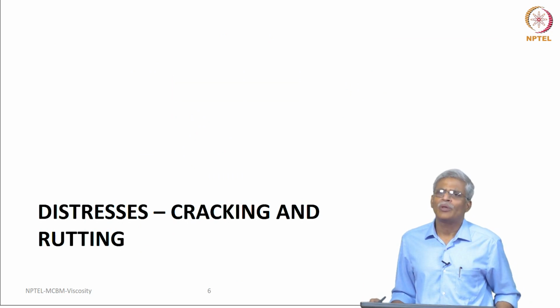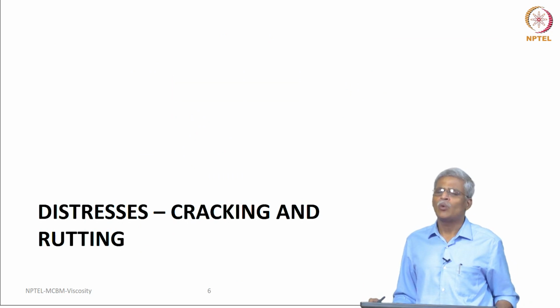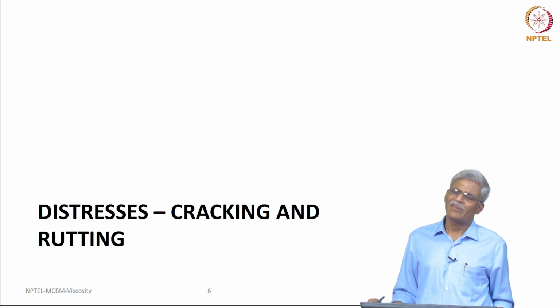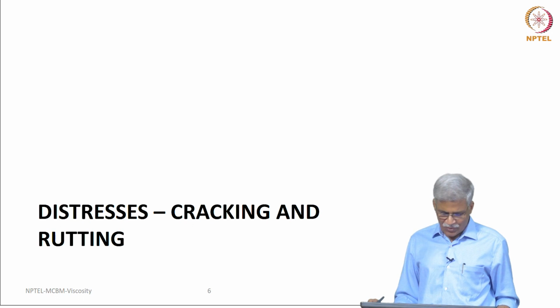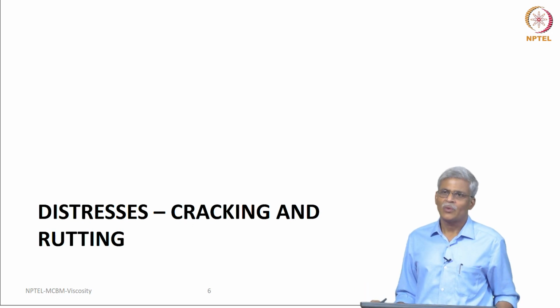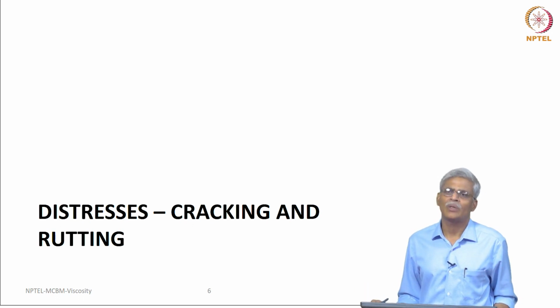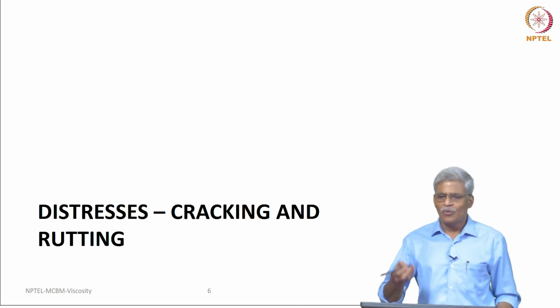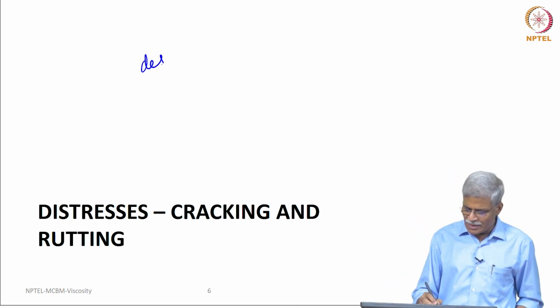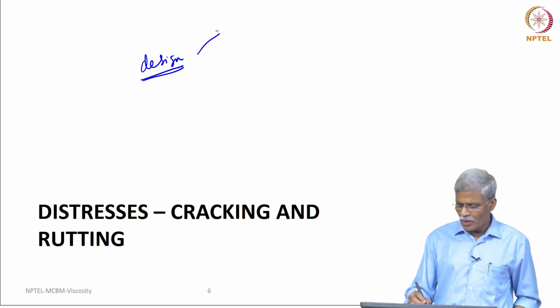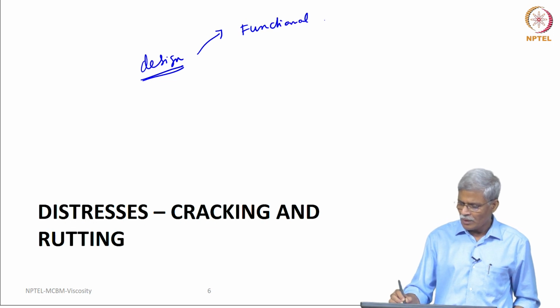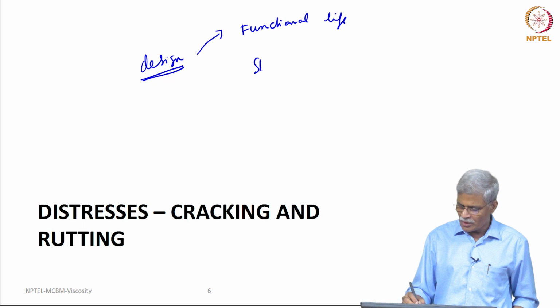So, before we dwell deep into how to pick a specific binder grade, let us have a very cursory look at the different distresses that one is likely to encounter in a pavement. In fact, if you really want to do a design for bituminous pavement, you are really talking in terms of functional life as well as structural life.